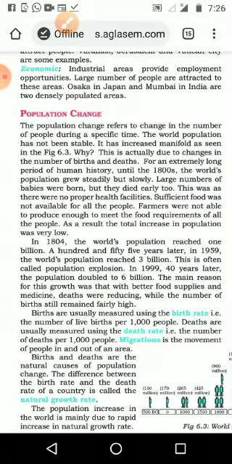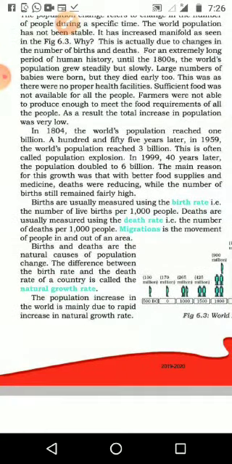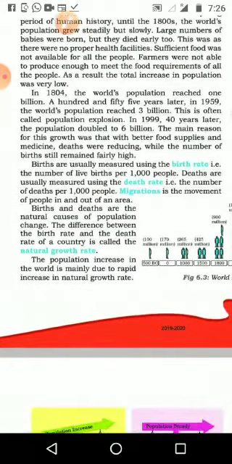There were no popular health facilities. Sufficient food was not available for all the people. Farmers were not able to produce enough to meet the food requirement of all the people. As a result, the total increase in the population was very low.